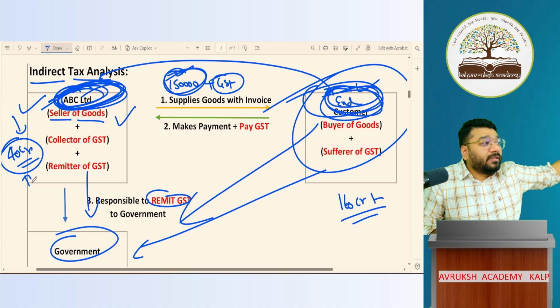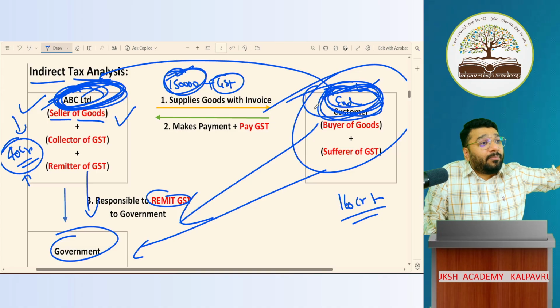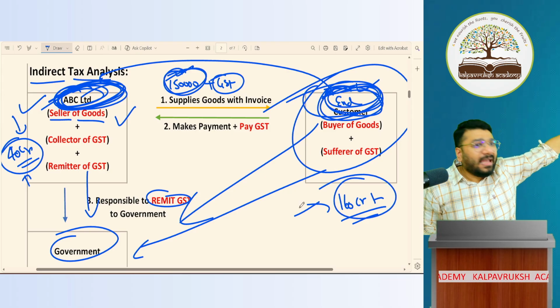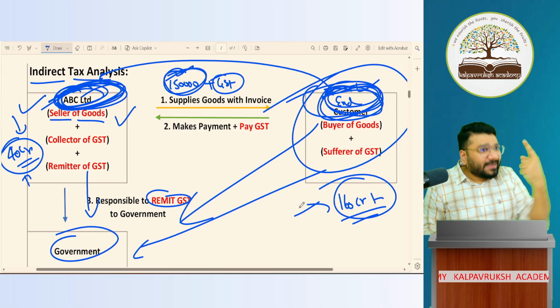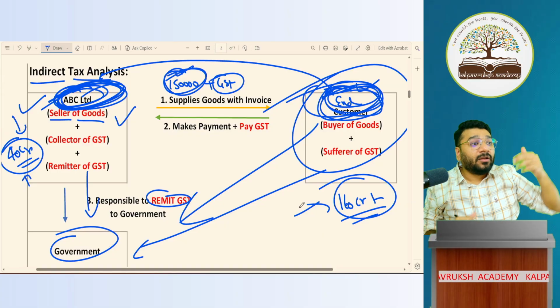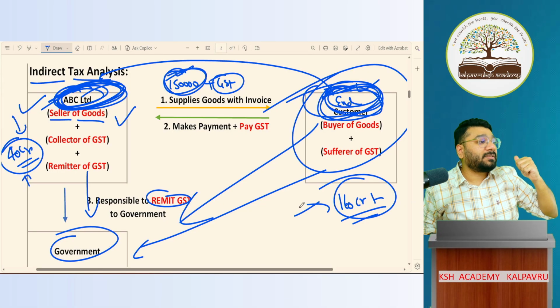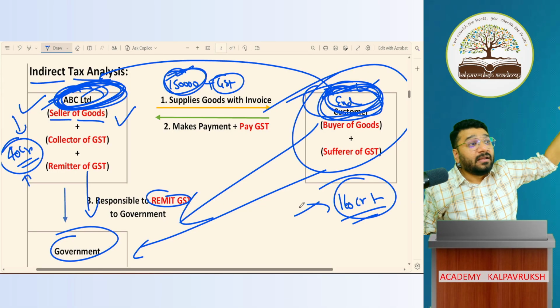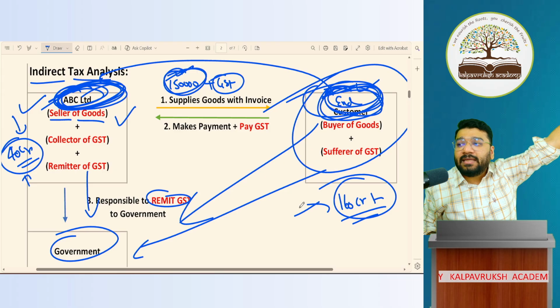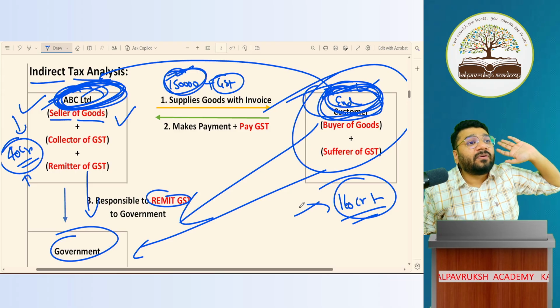Imagine if I'm collecting the money from the consumer directly, I would have to give notices to 160 crore people. Is it possible? And are these 160 crore people buying only once in a lifetime? Every day they're buying, in different shops. Keeping track of them is not easy, boss. So it is very important that governance should be smooth here. Hence the onus of collecting the money and remitting the money was given on the head of the middleman.